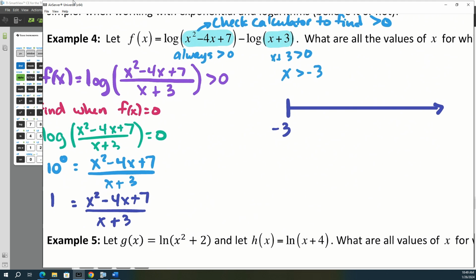All right, I'm running out of room, but that's okay. I'm going to go ahead and multiply by that x plus 3, and get everything on one side and factor it.